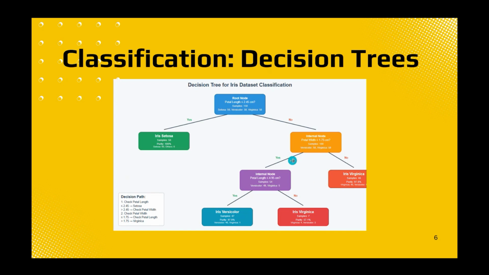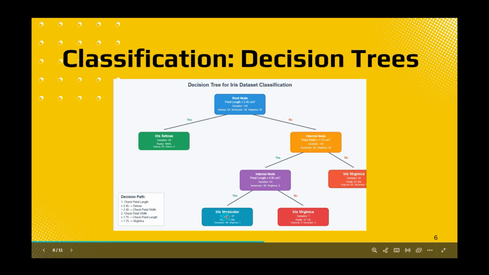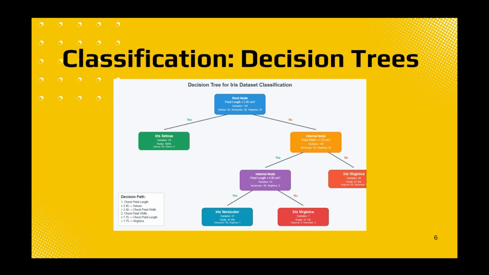Then if the answer is yes, it goes further and so on. You can see it correctly identifies the other flower types as well. So that's basically a decision tree. In each node, it makes a decision on the input value provided, and it ultimately predicts the label of the input.